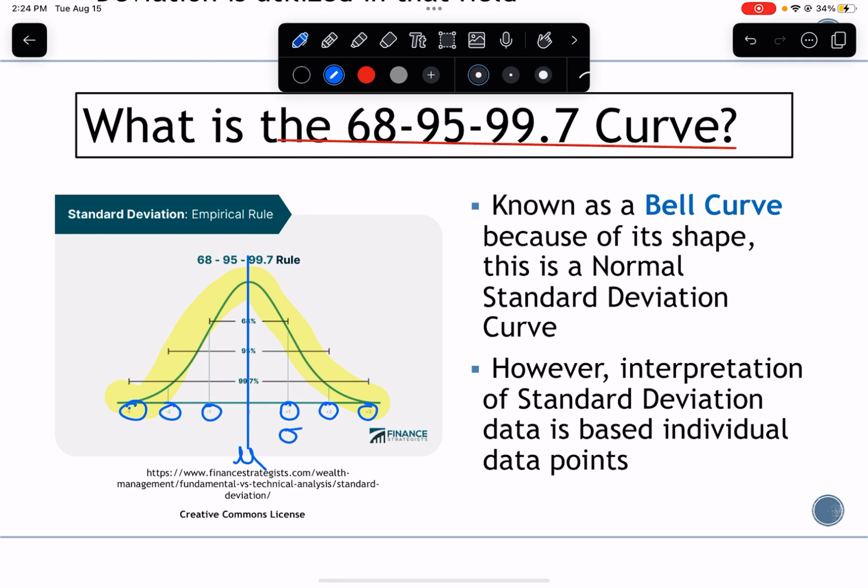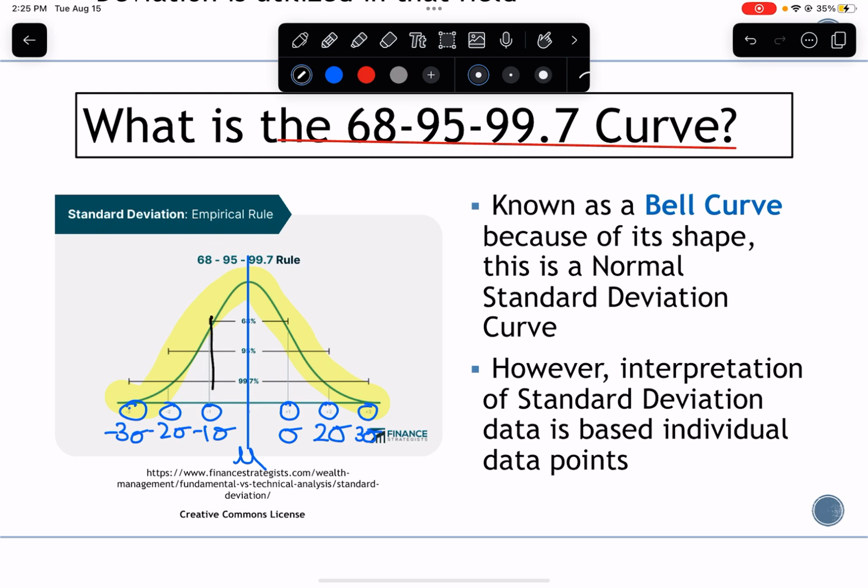This is 1 standard deviation away. This is 2 standard deviations away. This is 3 standard deviations away. You have -1 standard deviation away, -2 standard deviations away, and -3 standard deviations away.